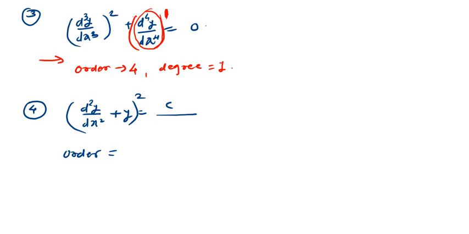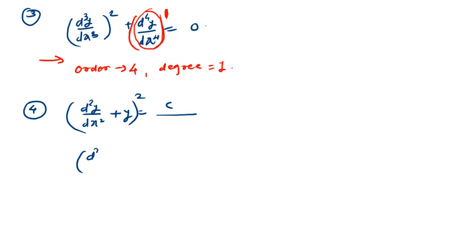To check the order for this differential equation, we basically check the highest order derivative. So we need to simplify our differential equation first. While simplifying, this is like (a plus b) whole square, that is a square plus b square plus twice ab.